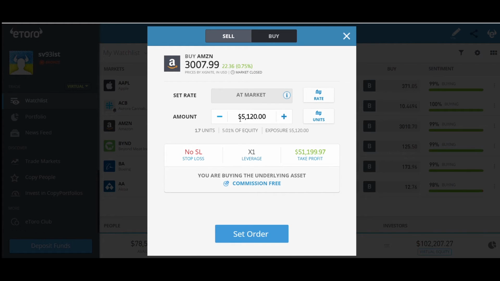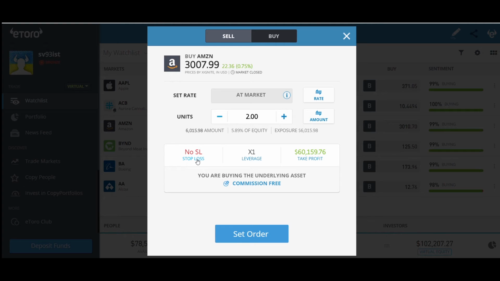In the amount section, you put how much money you want to spend on shares of Amazon, or you can choose how many shares, like 2 shares of Amazon, and you can put a stop loss.